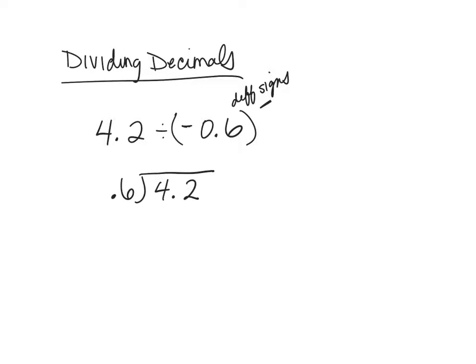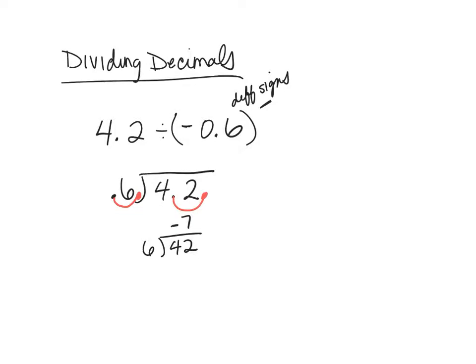So what we do with division is we take the number that's in front that we're dividing by, and we move the decimal until there are no numbers behind the decimal point. So we're going to move our decimal 1 place this way, and then we do the same in the number underneath. Move it 1. So now my problem is 6 goes into 42. And that's 7. Final answer should be negative.